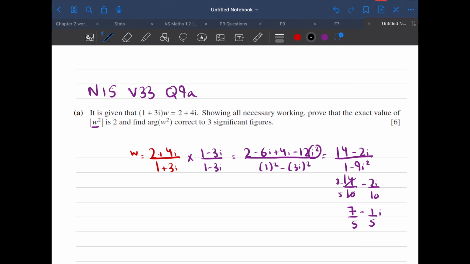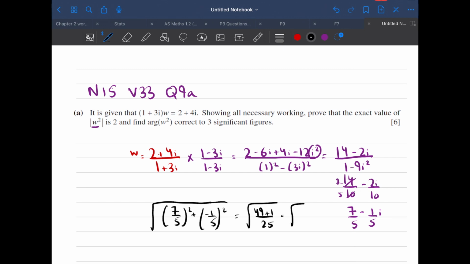Now, we need to show that the modulus of w squared is 2. So let's find the normal modulus. That's going to be 7 upon 5 whole square plus minus 1 upon 5 whole square, which is going to be 49 plus 1 upon 25. That's going to be under root 50 over 25. That's under root 2.